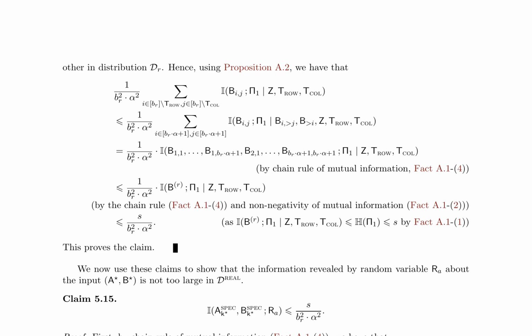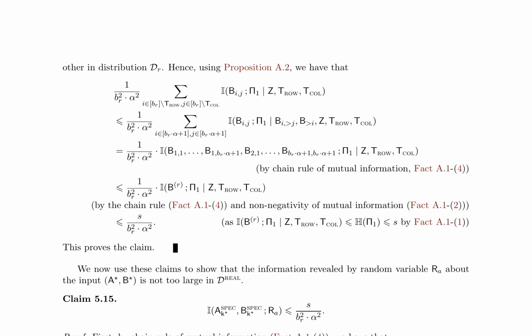Using this claim, the authors bound the mutual information I of bspec_k and pi 1, sigma r, sigma c, z, by conditioning on z, t_row, t_col, rho r of br alpha plus k, and rho c of br alpha plus k.